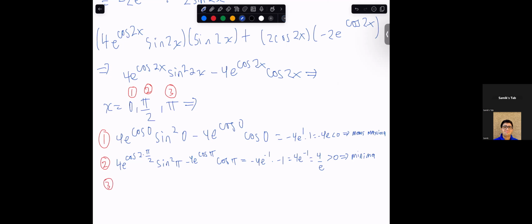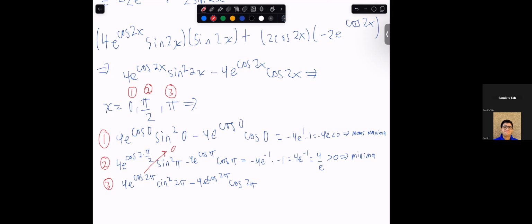And for 3, 4e^cos 2 pi sine square 2 pi minus 4e^cos 2 pi cos 2 pi. And by the way, guys, this first part is all 0. That's why I didn't write anything for that.